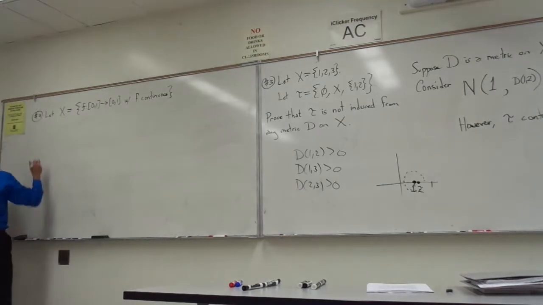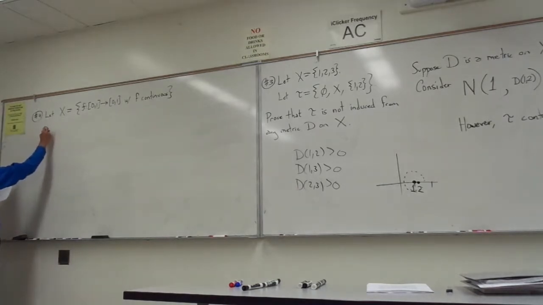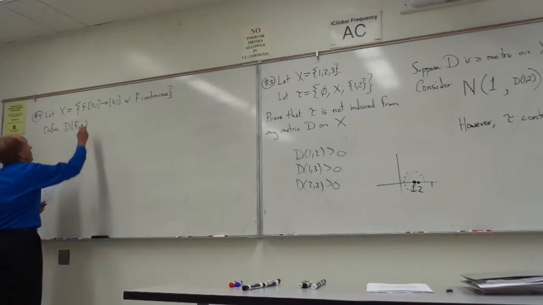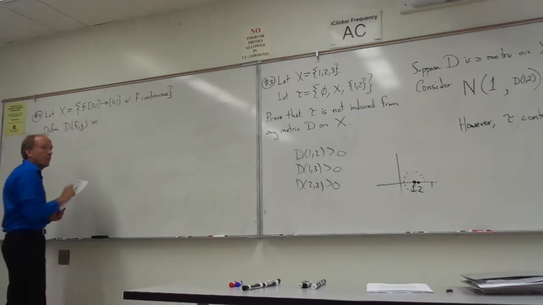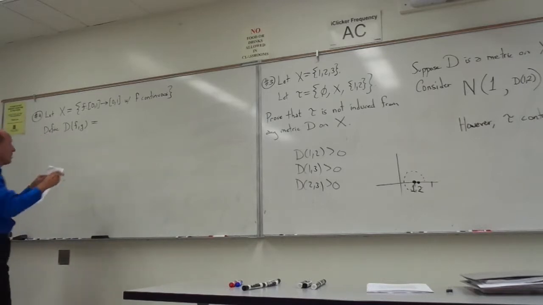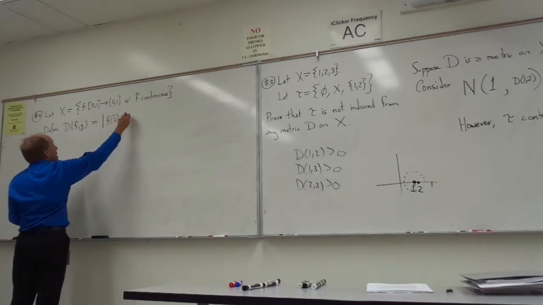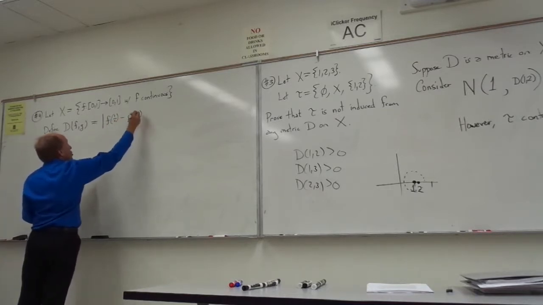All right, and then define d(f,g), the distance between two functions. I'm going to give you a new expression here: the absolute value of f(1/2) minus g(1/2).